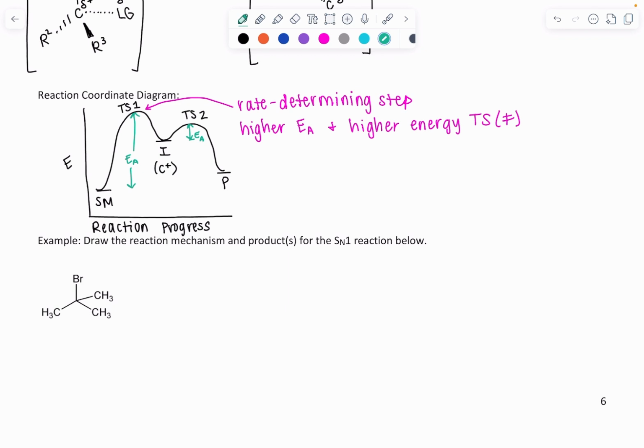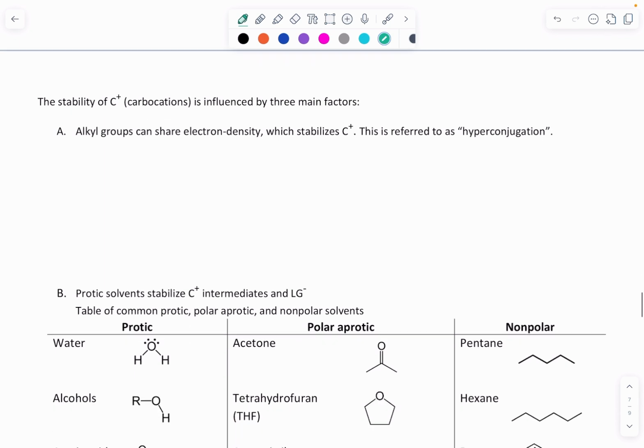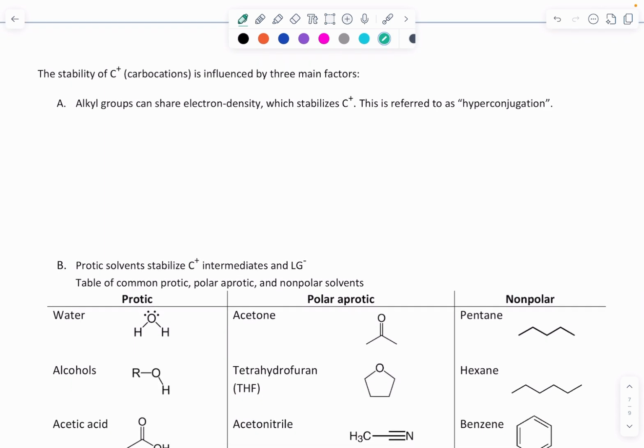If the intermediate is lower energy, then we'd be able to go from starting material to intermediate quicker. That would be a faster reaction. So we're learning now about factors that would lower the energy of the intermediate, the carbocation.